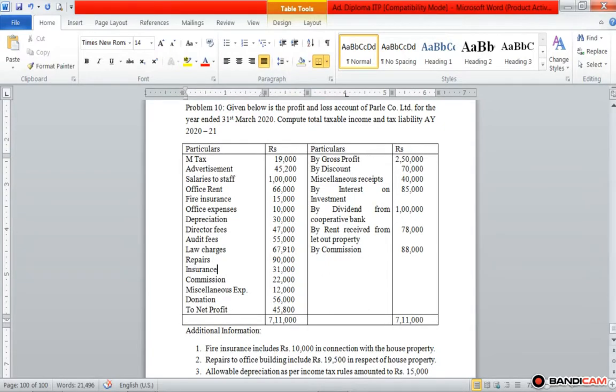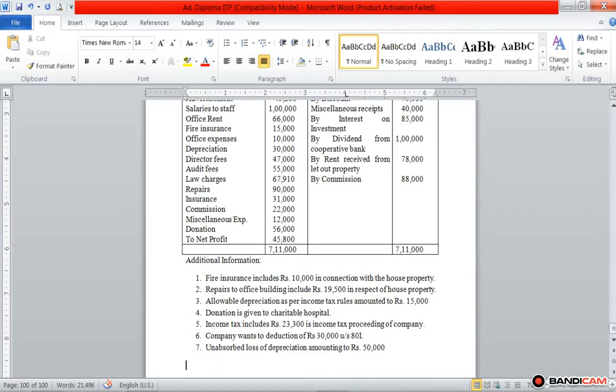So we start reading the problem from the additional information. First, fire insurance includes rupees 10,000 in respect of house property, so this 10,000 is disallowed. Then repairs to office building include 19,500, relating to house property, so it is disallowed. Then allowable depreciation is 15,000.